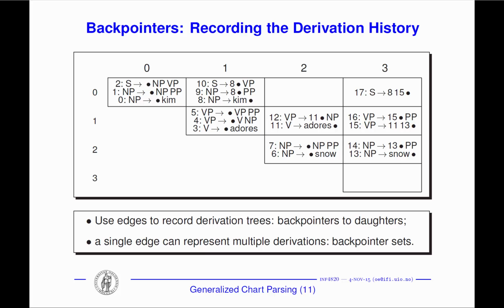So these numbers here are now edge identifiers. And here we have a passive edge that records Kimodor's snow, so no ambiguity, conveniently. Shorter example. This records that it was built from edges 11 and 13.